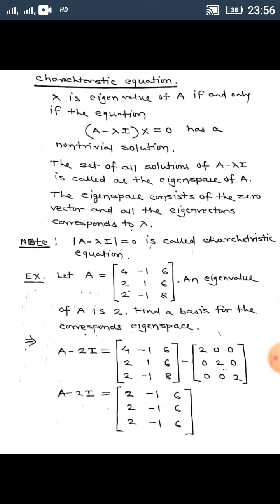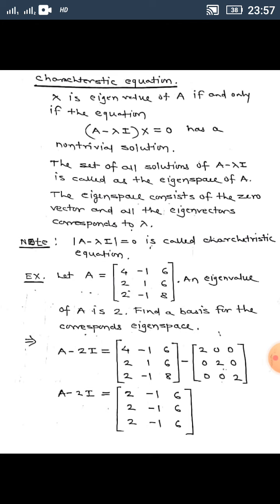We subtract only the diagonal elements here. So 4 minus 2 is 2, minus 1, 6 as it is, 2 as it is, 1 minus 2 is minus 1, 6 as it is, 2, minus 1 as it is, 8 minus 2 is 6.